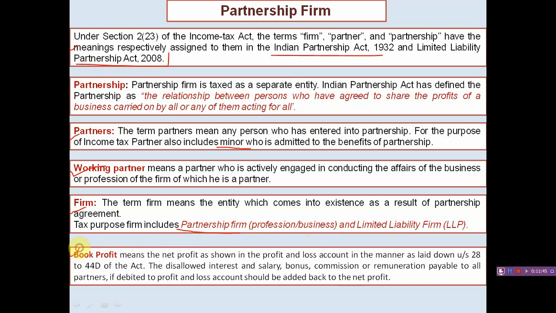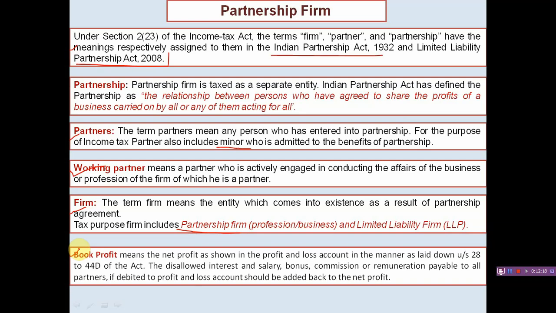The next important aspect is book profit. Book profit means the net profit as shown in the profit and loss account in the manner laid down under sections 28 to 44D of the Act. So here the net profit laid down under sections 28 to 44D means the income from business, as we know the procedure of calculation of income under the head profits and gains of business or profession.